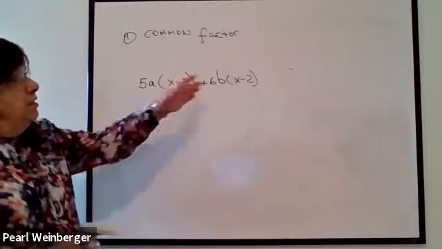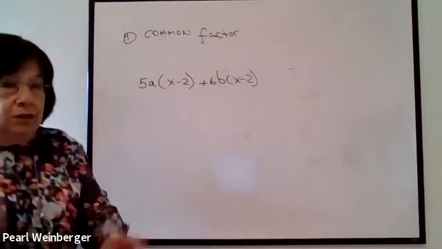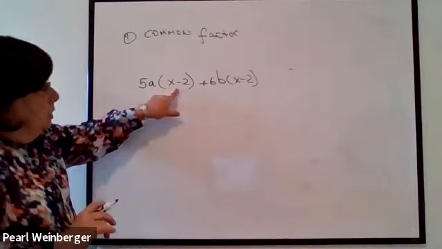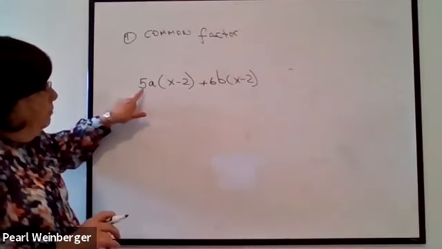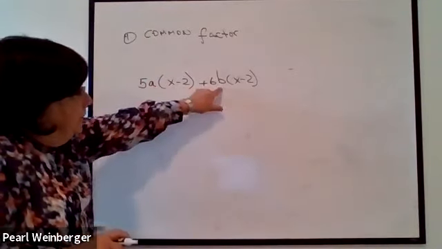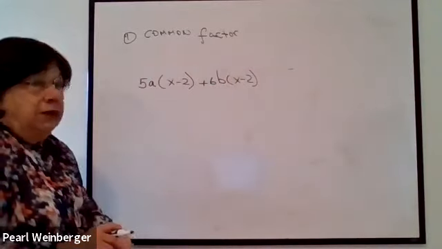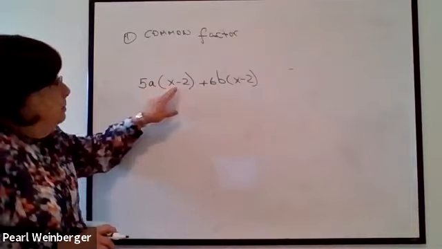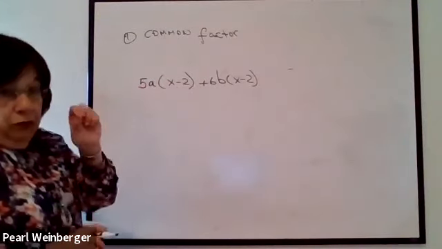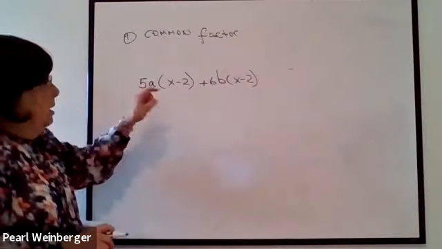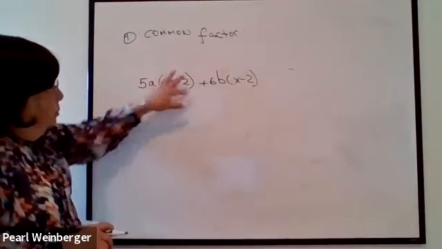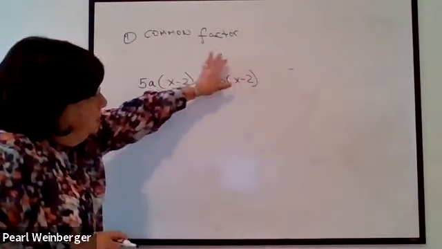And instead of trying to get rid of the parentheses or anything, what you notice is that both the 5a and the 6b are being multiplied by this expression x minus 2. X minus 2 is a factor. Remember, a factor means you're multiplying. It's a factor of this term and of this term.